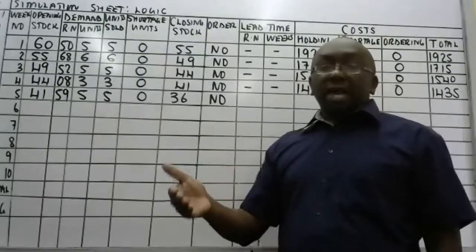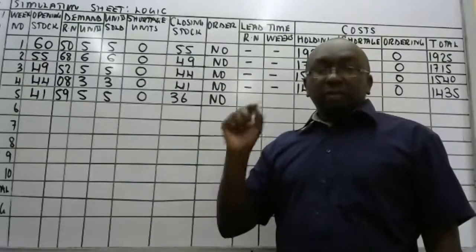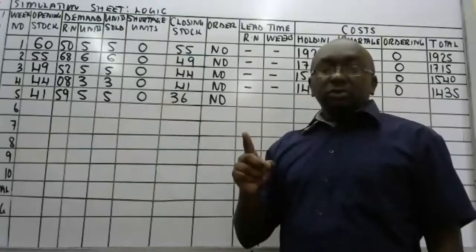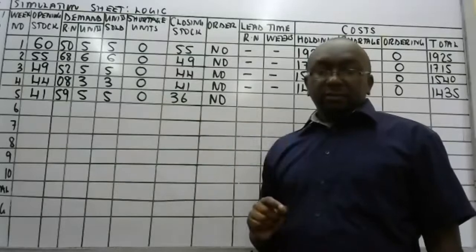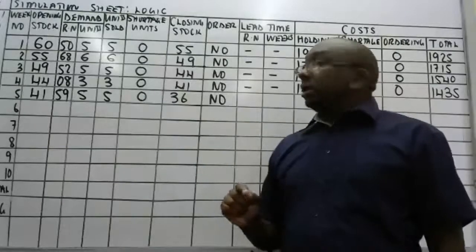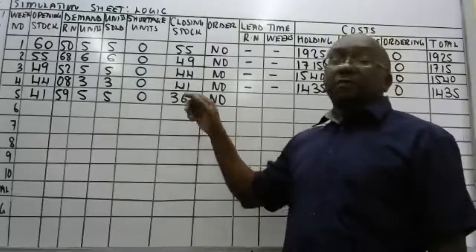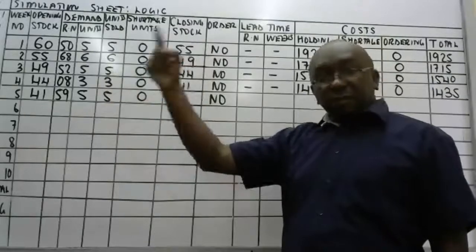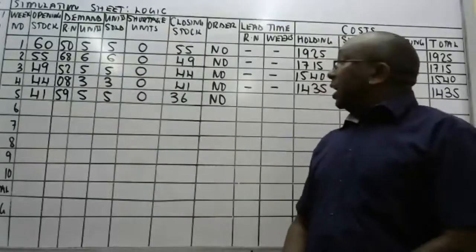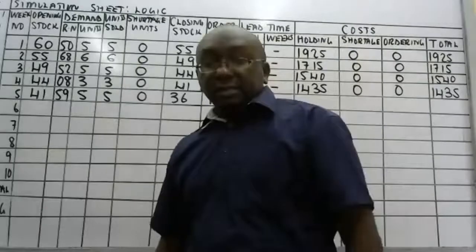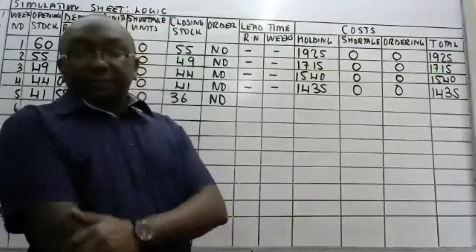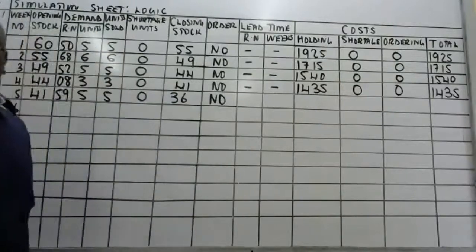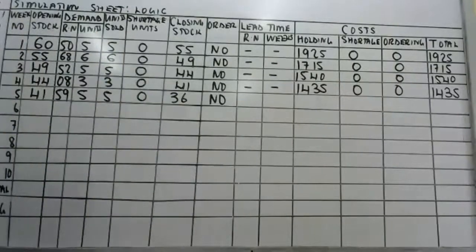So as you go to bed knowing that tomorrow morning or next week, Monday morning, the first thing to do is to place the order. So here we already have known that we have gone below our ordering point. So we shall place the order the following week. I hope that is okay. So those who are saying yes, are you okay with that? Good. All right, so if we are okay, now we proceed.